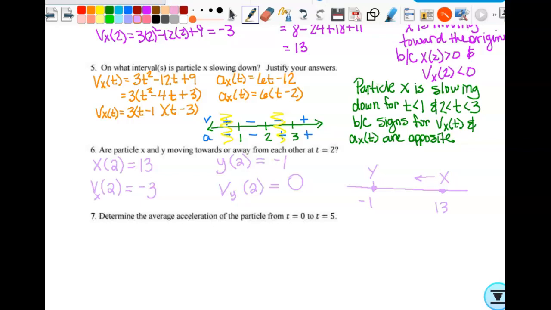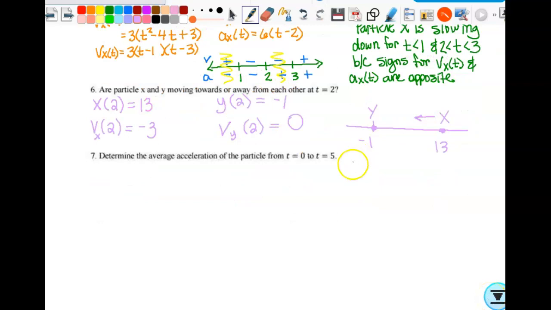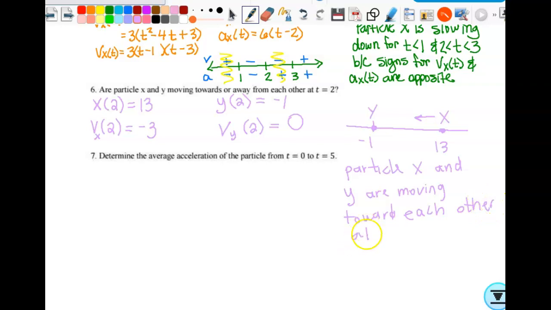All right, so let's answer this question here. Particle x and y are moving toward each other at t equals 2.